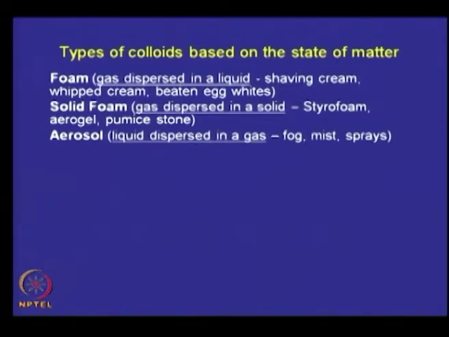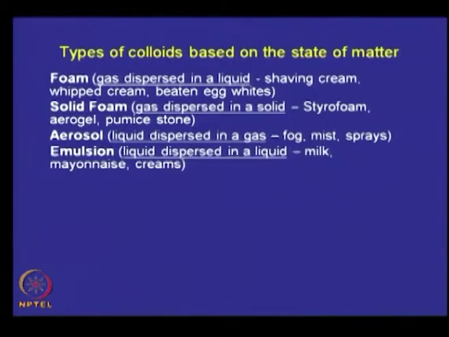The third type is the aerosol, which is a liquid dispersed in a gas. For example, the fog, which is ultrafine droplets of water dispersed in air, the mist, all your body sprays, they are liquid dispersed in a gas. Emulsion.